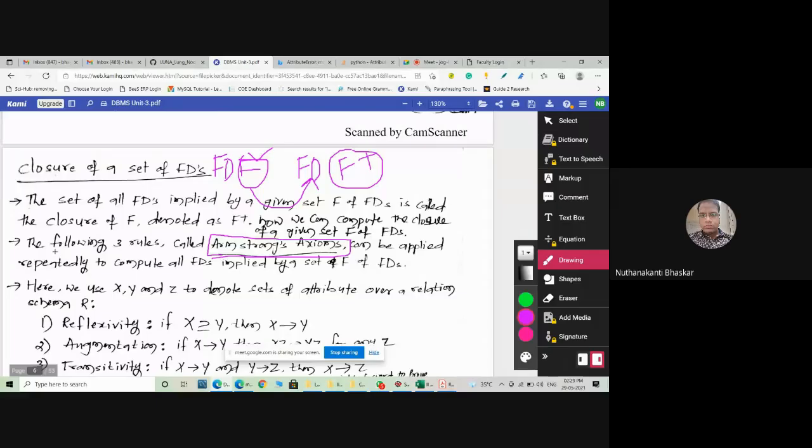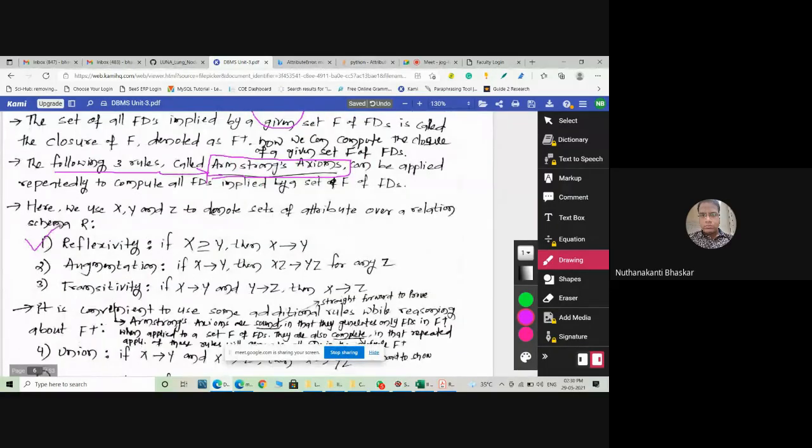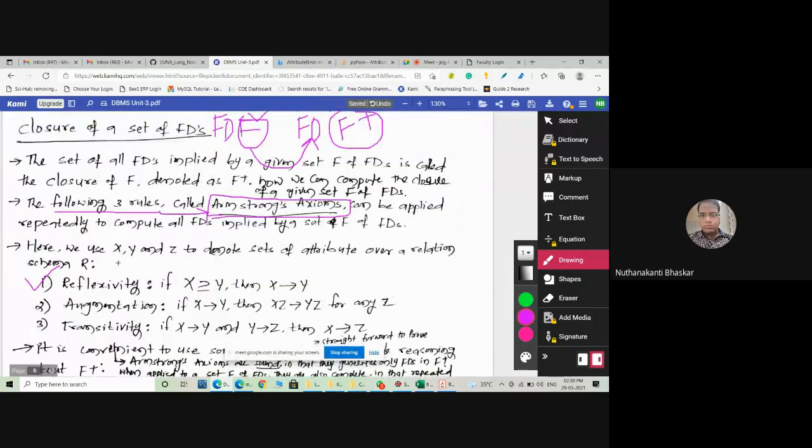Basically, we have three Armstrong axioms. These are mathematical formulas that you already know very well from your mathematics. The first one is reflexivity. Before starting this formula, please note it down.